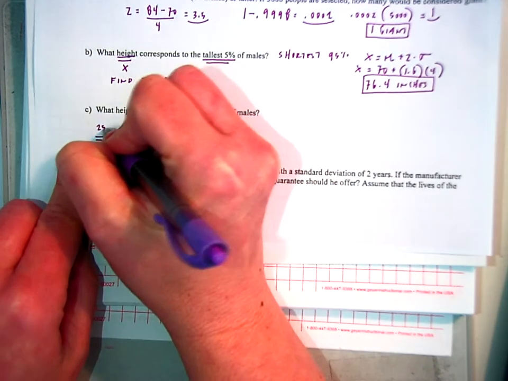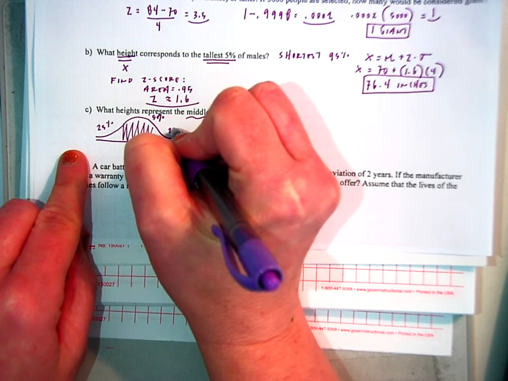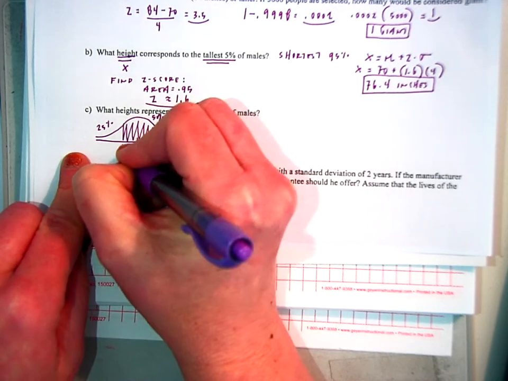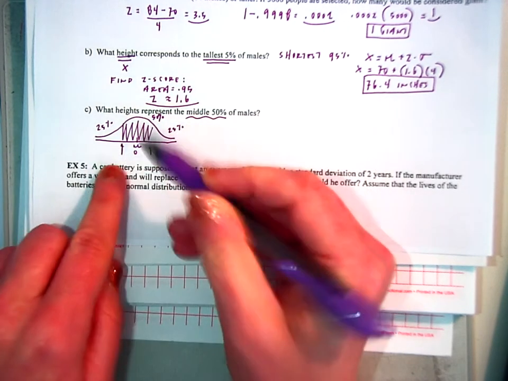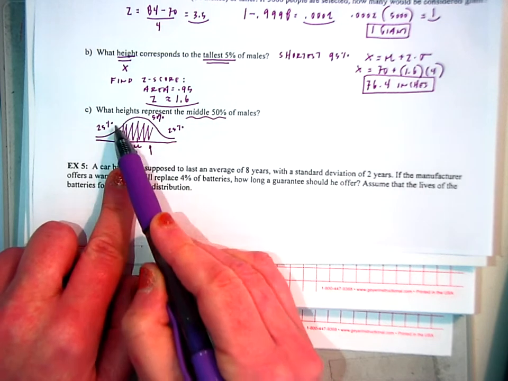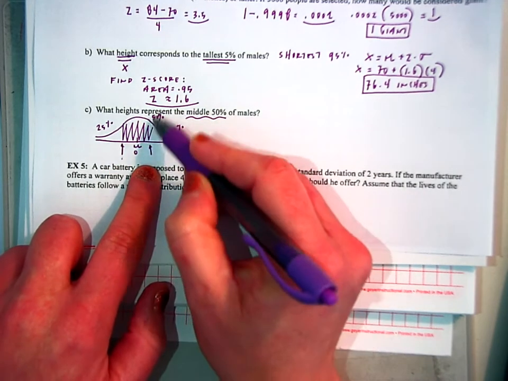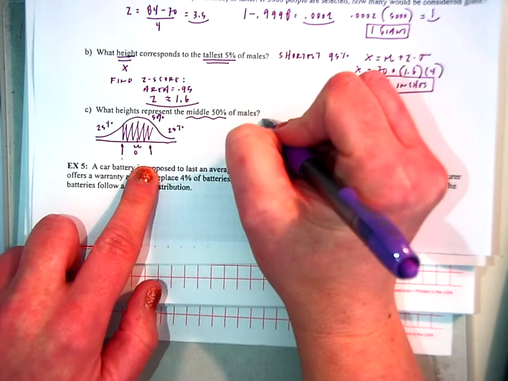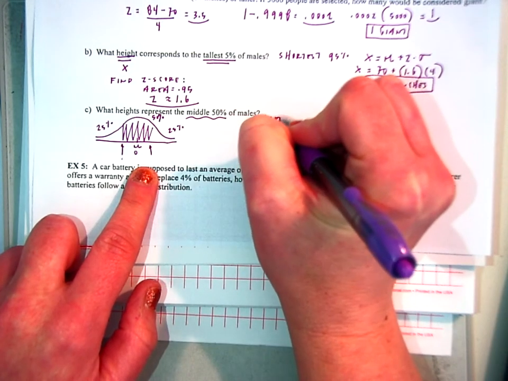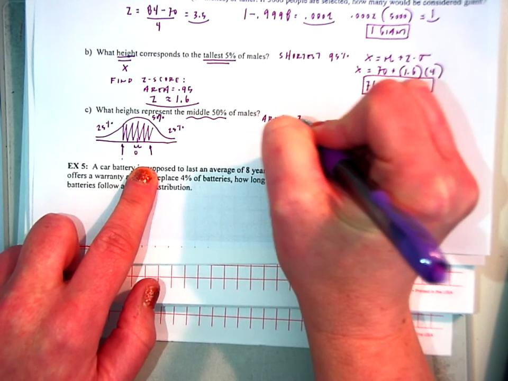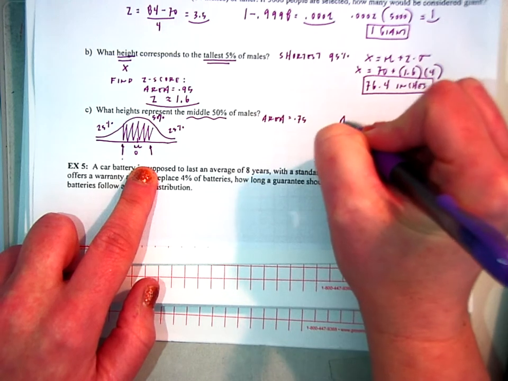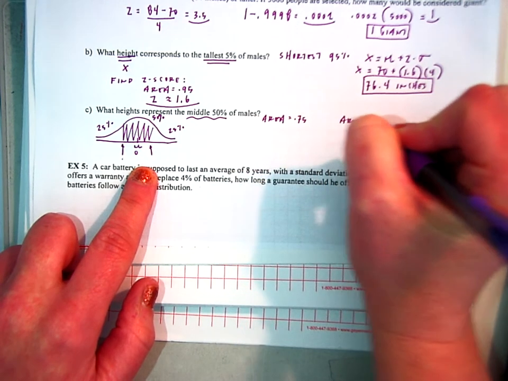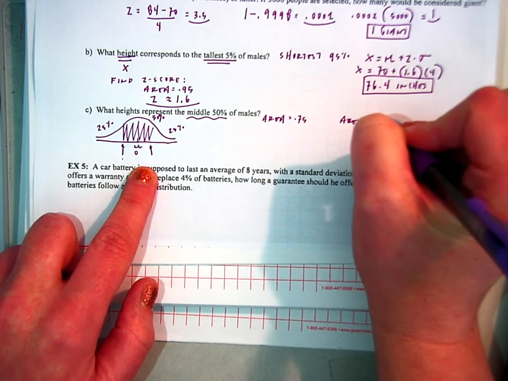So I got 25% here and 25% here. So if I think of these markers here and here, this area to the left, 25%, and right here, this area to the left, 75%. So I'm looking at my area of 0.75, and I'm looking at my area of 0.25.